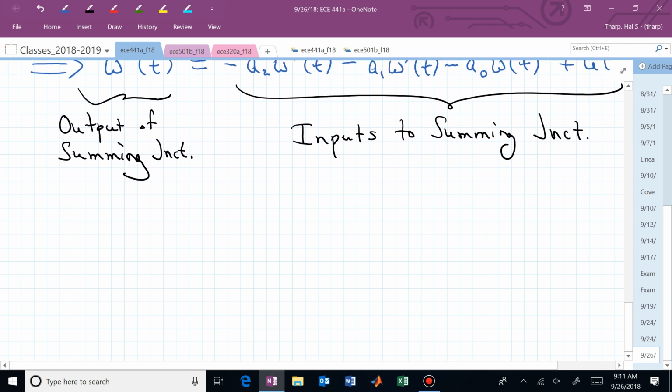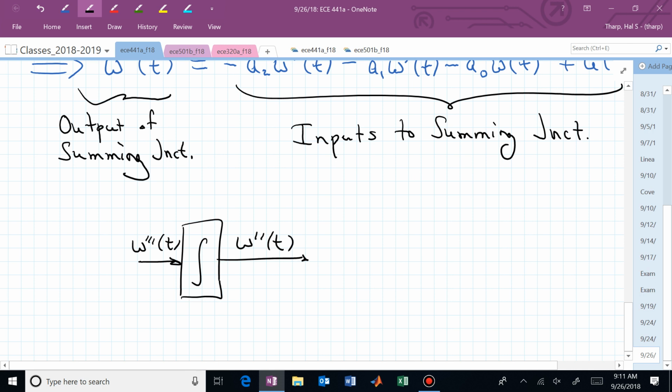And if I now say, here is w triple prime, if I integrate that once, it now produces w double prime.